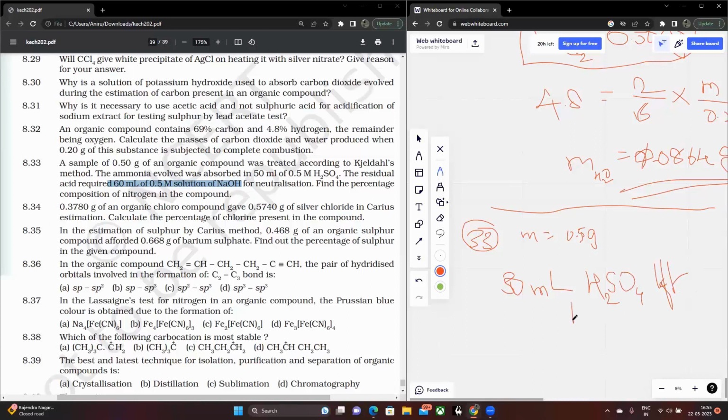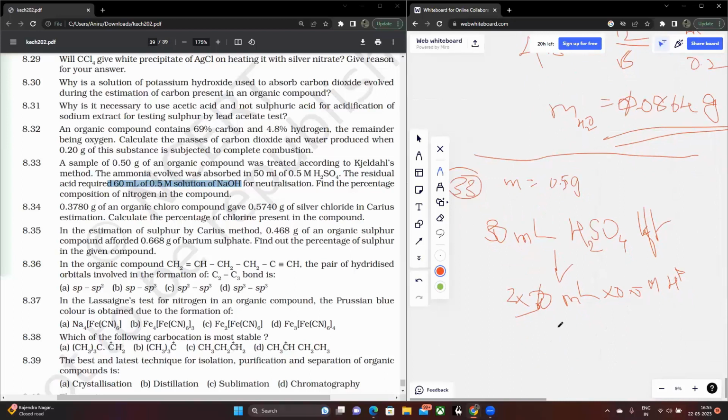Because 30 ml H2SO4 gives me 60 milliliters into 0.5 molar of H plus, or more precisely, it's 2 into 30 ml into 0.5 molar. That is 30 millimoles H plus, right? And 60 into 0.5, this is 30 millimoles again. So you have 30 ml of H2SO4 left, right? Ammonia evolved is absorbed in 50 ml, right?